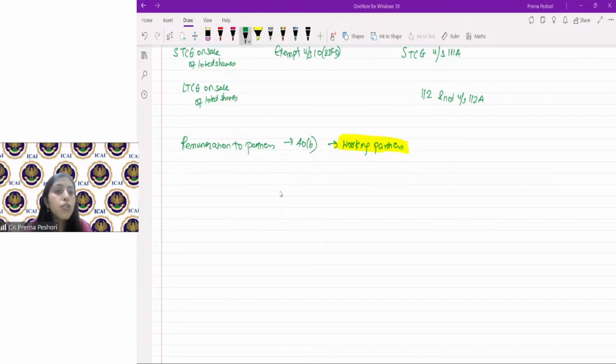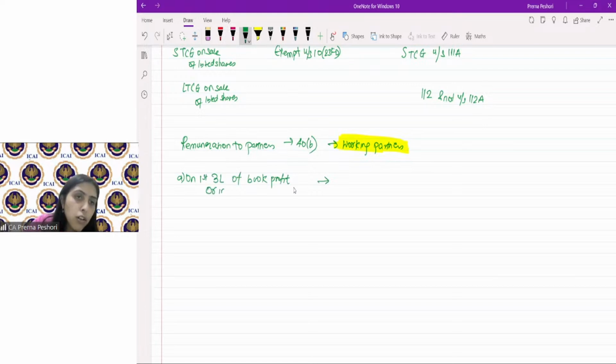So what is the remuneration which is allowed? On first 3 lakh of the book profit, what is it allowed?